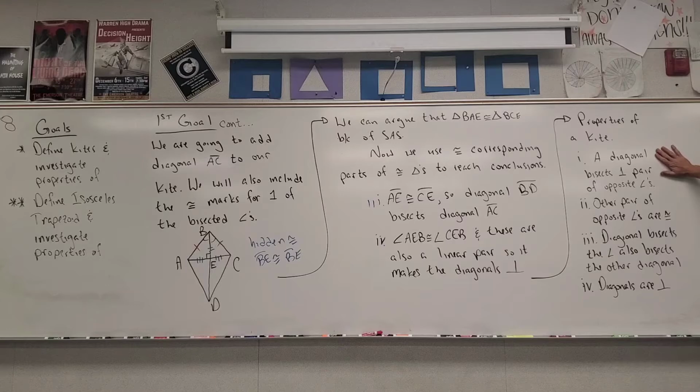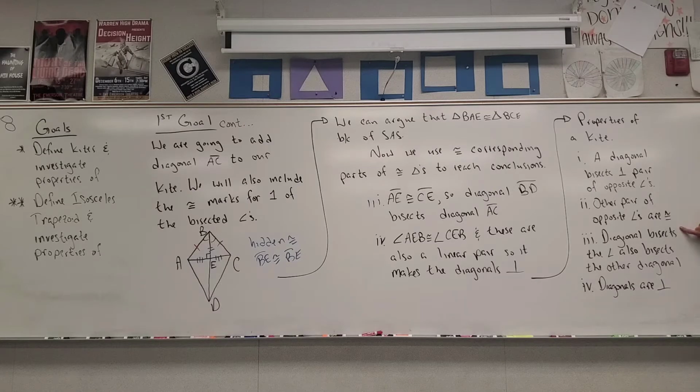So what we saw previously is that a diagonal bisects one pair of opposite angles. The other pair of opposite angles are congruent.